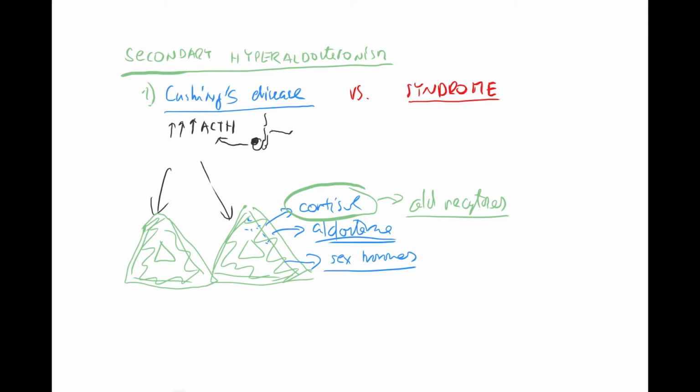But what is then syndrome? And what is the most common cause of syndrome? The high cortisol levels. By what? By cortisol just released from the cells. Yeah, but can you give me a reason why?